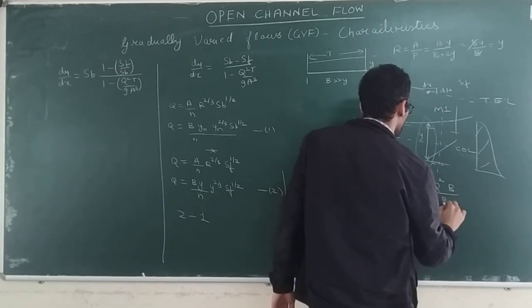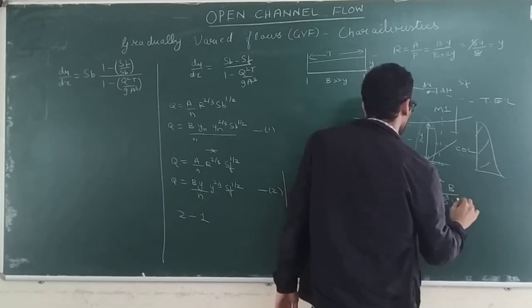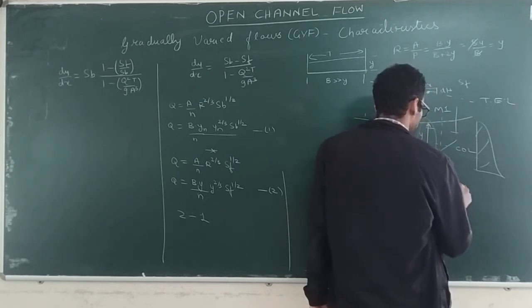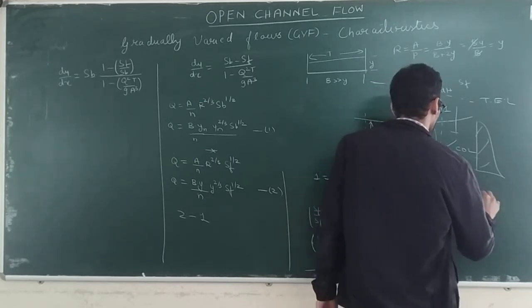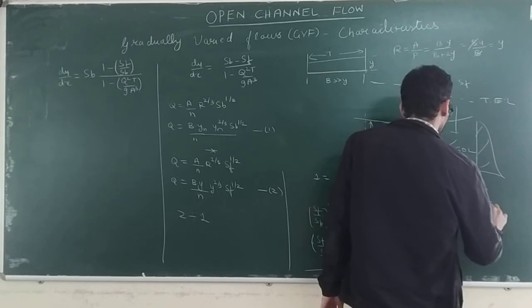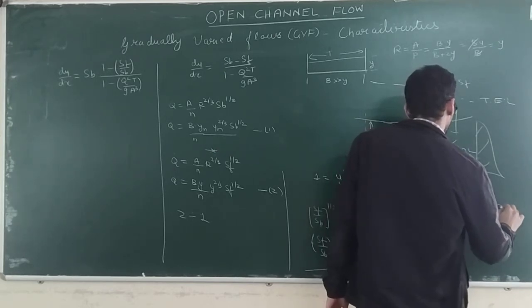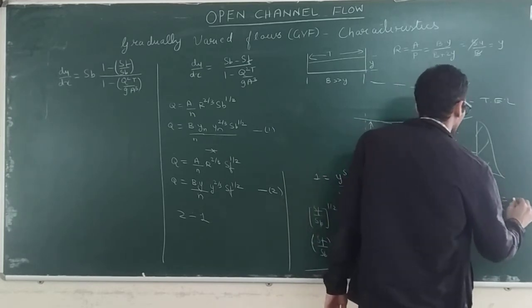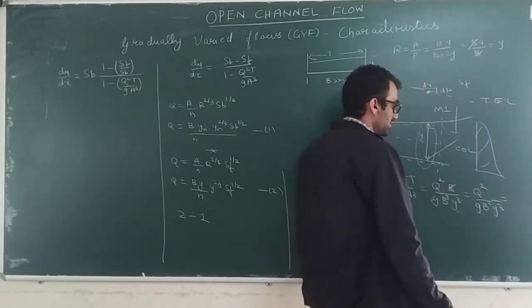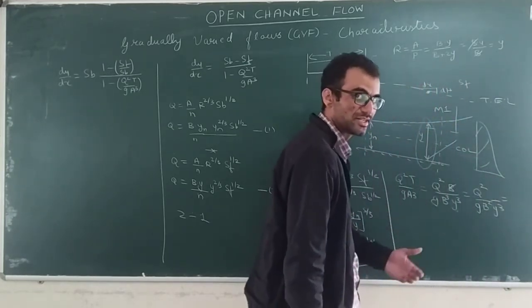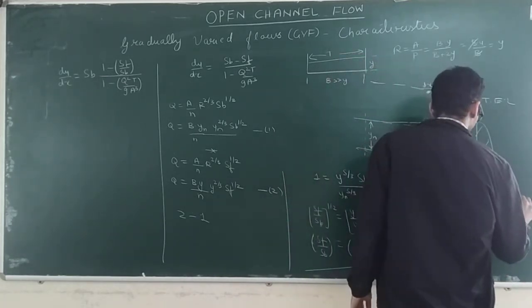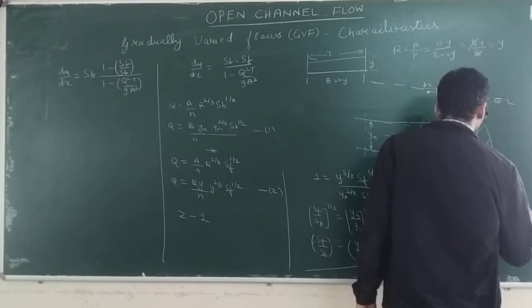A is B into Y, so B cube into Y cube. Now one B will get cancelled and you get Q square upon g B square Y cube. But Q square by B square is what? Small q square, the unit discharge, discharge per unit time per unit width. So it is q square by g Y cube.